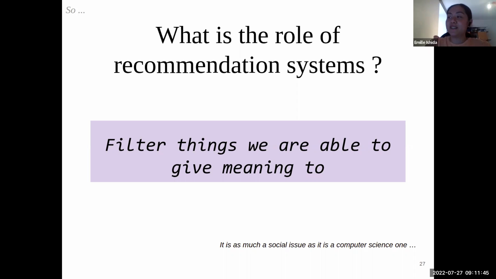And for me, this is as much a social issue as it is a computer or a programming one. I would say that as important as understanding your machine learning application, it is important to understand how the community that will give meaning to your output works, and how that interaction can be constructed from the very first time that you start developing these systems.